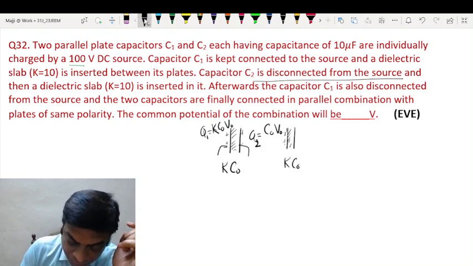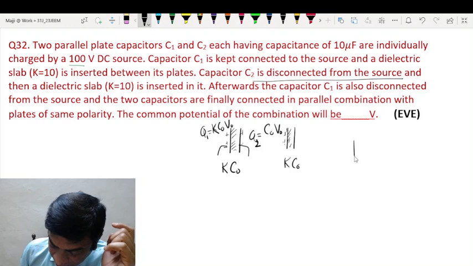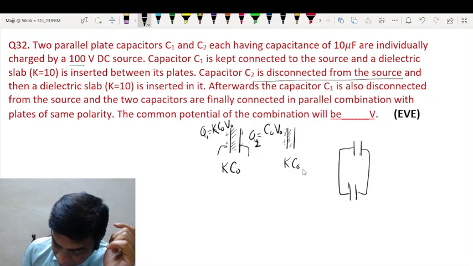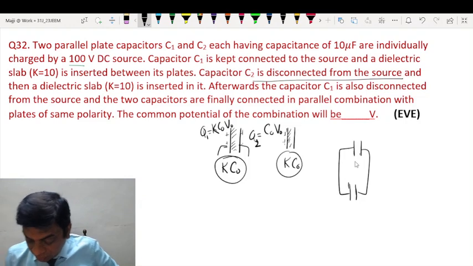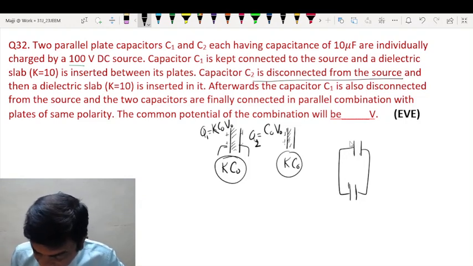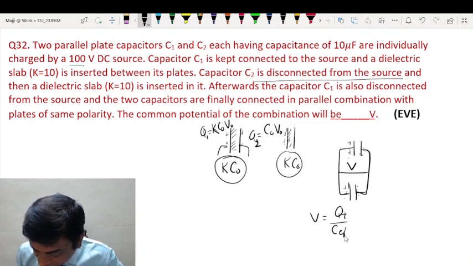Now when they are connected in parallel, the total charge will be shared by them equally because they have equal capacitance. Remember students, the capacitances are equal. So the total charge will be shared equally by each of them. So the common potential will be total charge upon C effective.